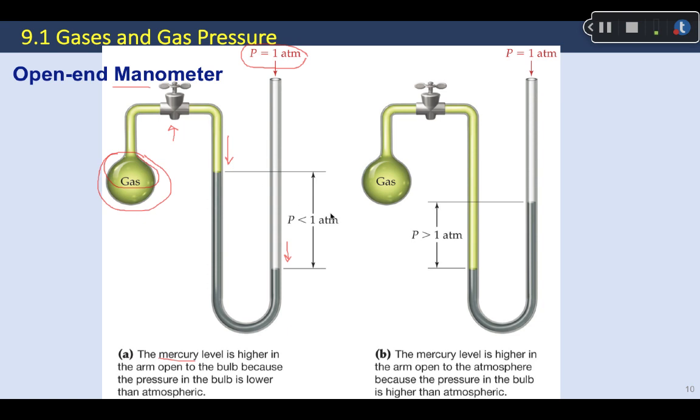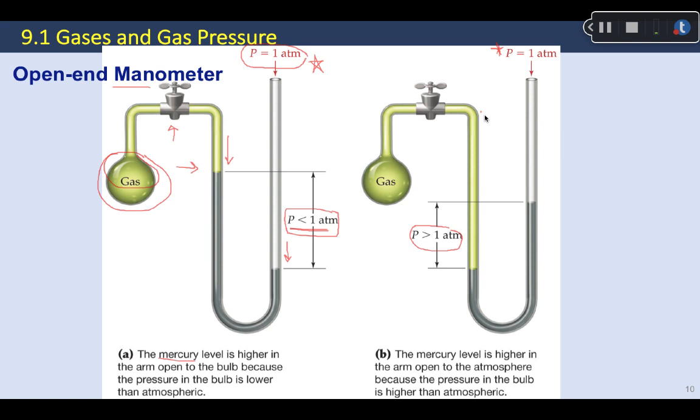So in this example, the pressure of the gas is less than the 1 atmosphere of the outside, the part that's open to the air, because the height of the mercury is higher on the side with the gas. That's because the pressure of the gas is less, and the pressure outside is more than the one of the gas. On the right side is the opposite situation, where the pressure of the gas is greater than the exterior pressure of 1 atmosphere.